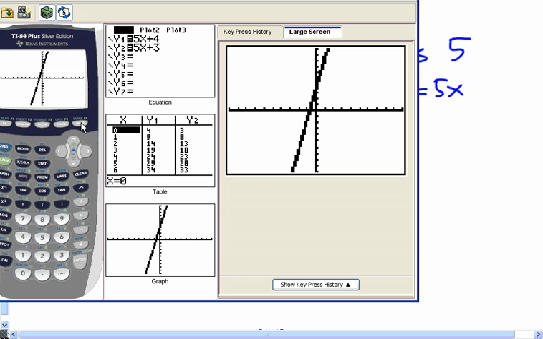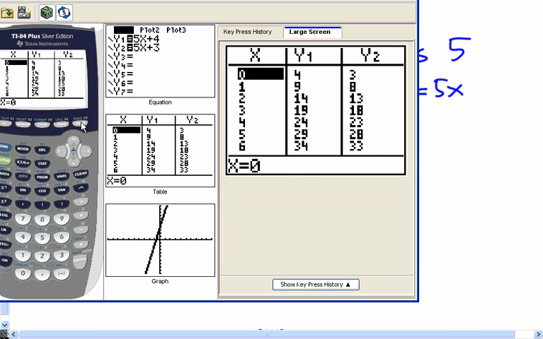You could go to your table or change the window setting on your graph so we can see it better. But I think I'll just go to the table and make sure it goes through the point (0, 3). And we can see that when x is 0, y is 3. So that's good. All right.